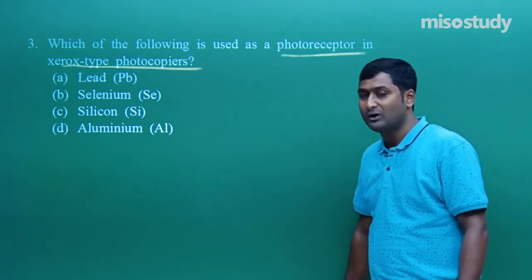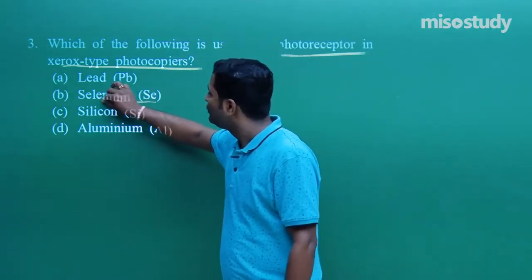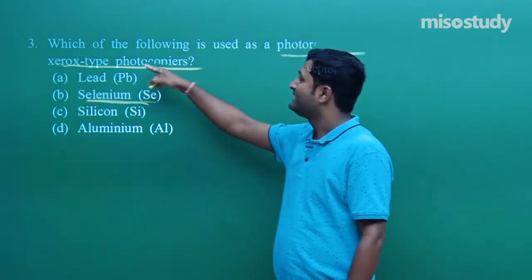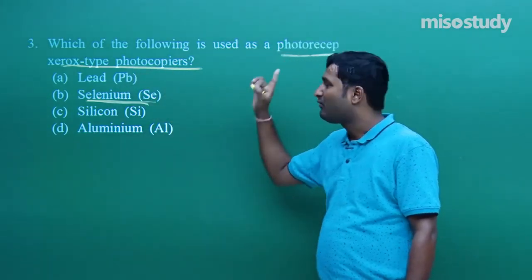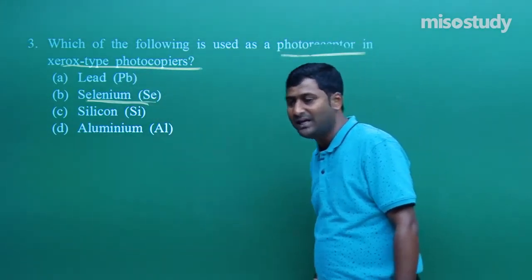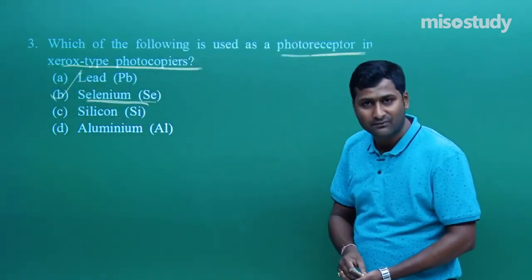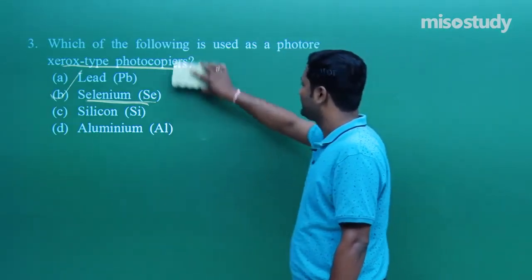Due to the photovoltaic and photoelectronic property, selenium is used as a photoreceptor in Xerox type photocopies. So question number 3 is simple, B is the correct option. Clear, friend? Now I'm going to rub this part and we'll discuss the next question.